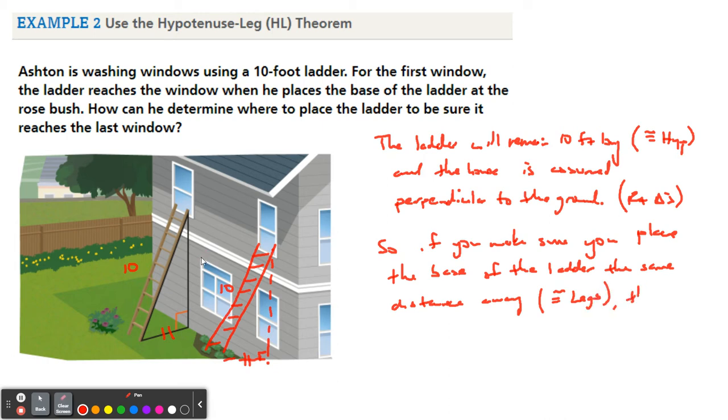So you have a pair of congruent legs. Then the height of the ladder will be the same.